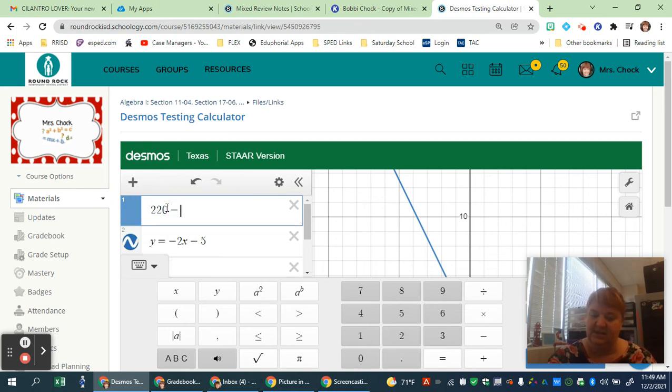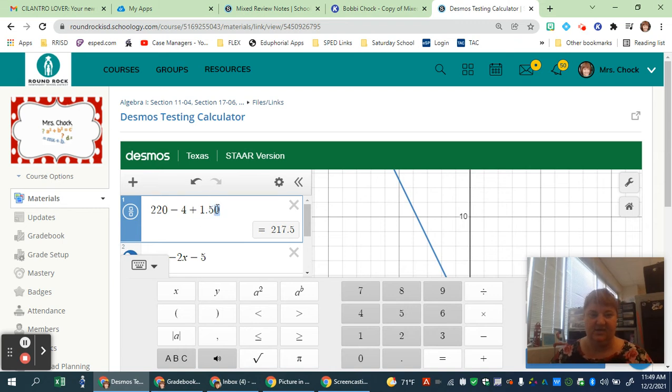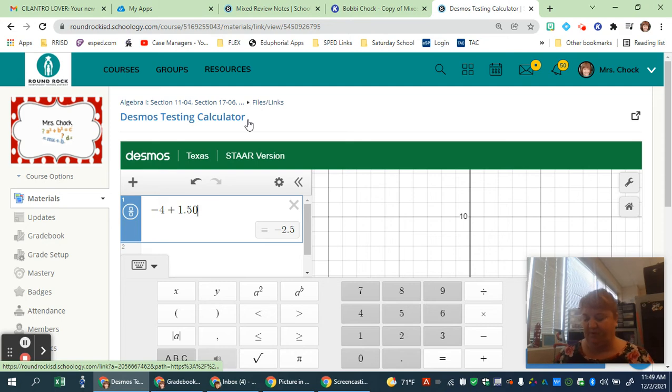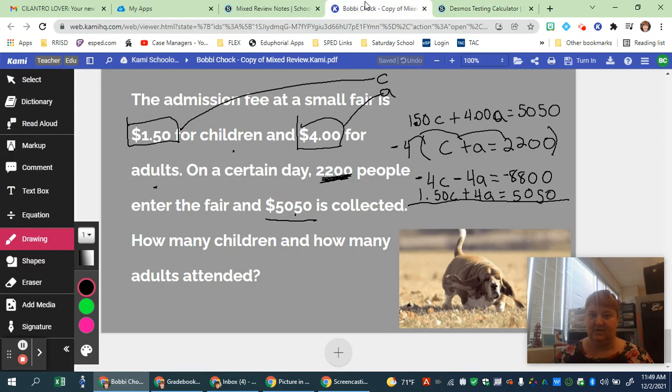Negative 4 plus 1.50 is a negative 2.5. So negative 2.5c, and that's what we're looking for, the children, and then how many adults.